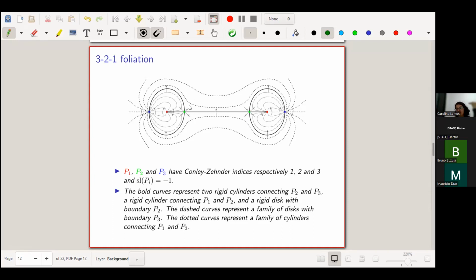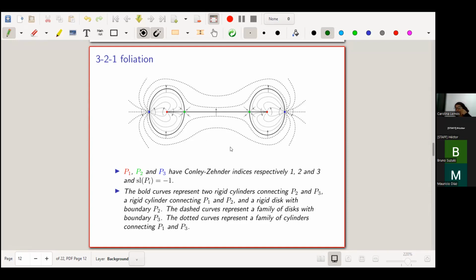We have 3 binding orbits that, as I said in the beginning, you can think of an axis here, and you can rotate it to visualize the foliation. So we have 3 binding orbits here that you should see as exiting the screen and entering the screen here. So 1, 2, and 3.